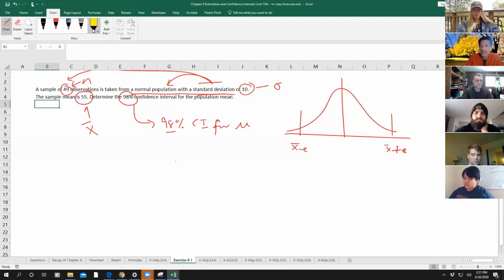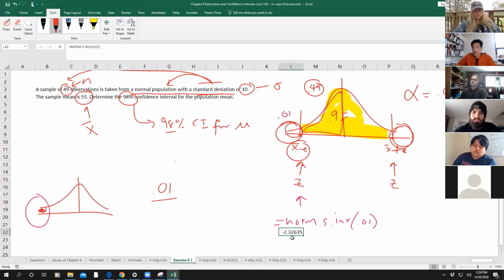The area between these two is 0.98. So give me the z-score associated with these 2 points. This is the z-score for a 98% confidence level.